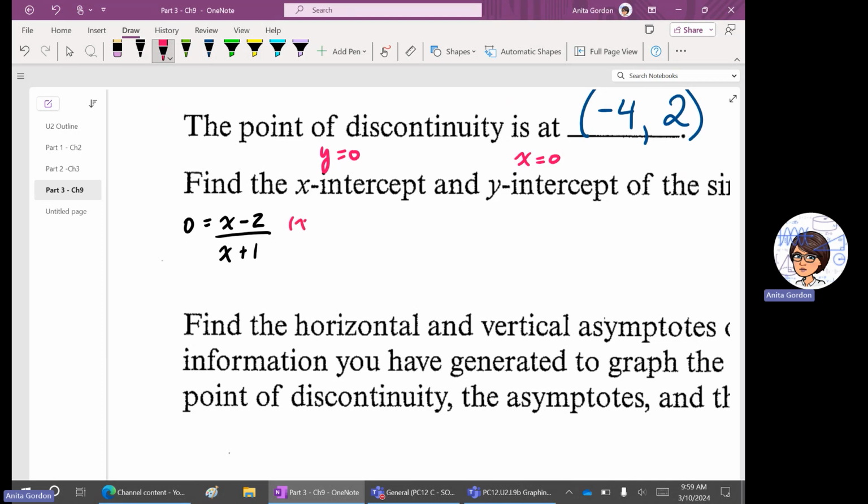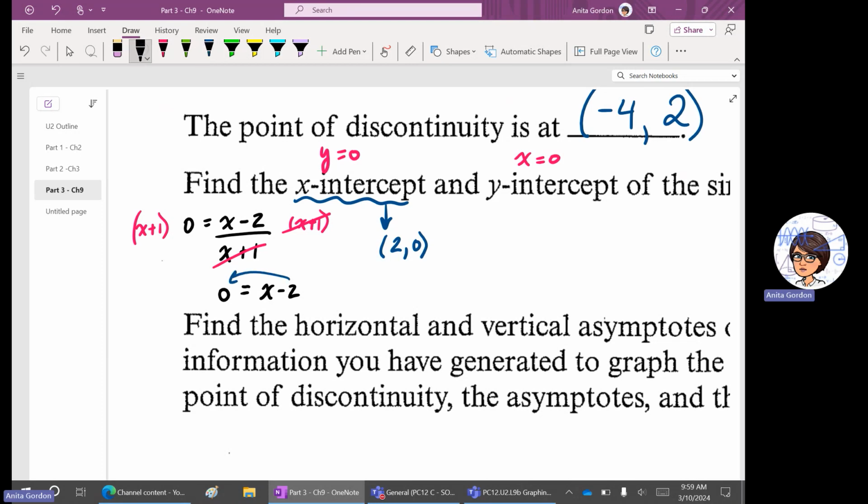I multiply x plus 1 on both sides to get rid of this denominator. I get that 0 equals x minus 2. So that means my x-intercept is going to be at the point 2, 0, because I just solved for x here, x equals 2.